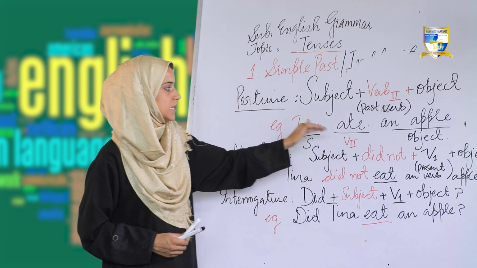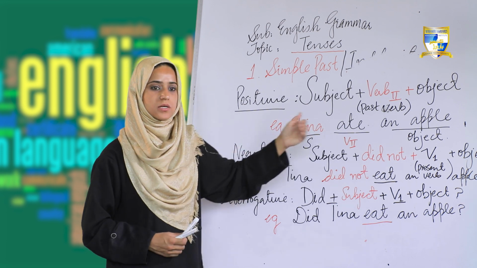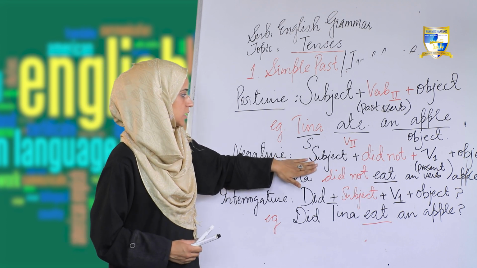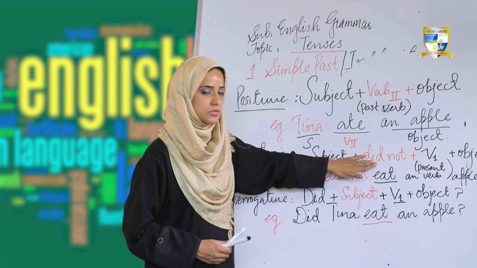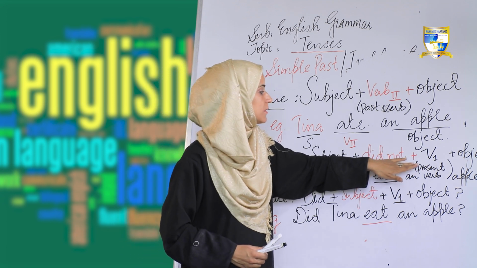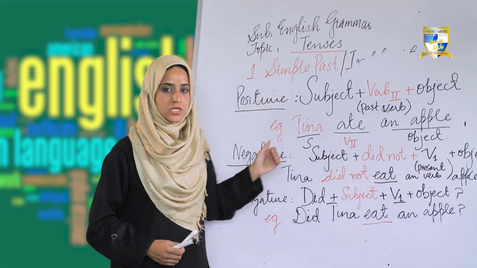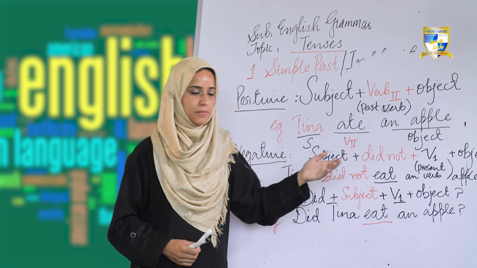For example, Tina ate an apple, she wrote a letter, he worked hard. Negative: subject plus did not, and after you use this did, we do not use the past form, we use the present form of the verb, that is V1, and object. Tina did not eat an apple, she did not work hard, we did not help them.